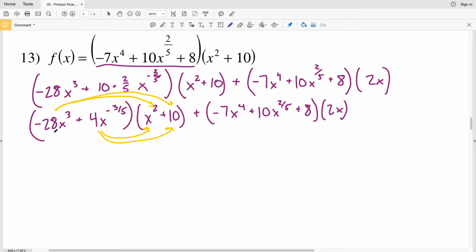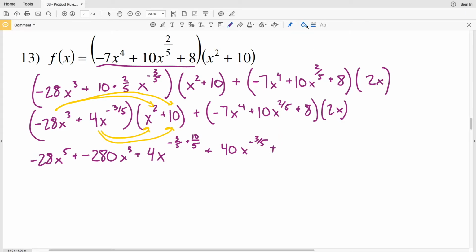Negative 28x cubed times x squared is negative 28x to the 5th, plus negative 28x cubed times 10 is negative 280x cubed, plus 4x to the negative 3/5 times x squared is going to be 4x to the negative 3/5 plus 2, but 2 written in terms of 5 is 10/5, and then that will get added to 4x to the negative 3/5 times 10, which is 40x to the negative 3/5.